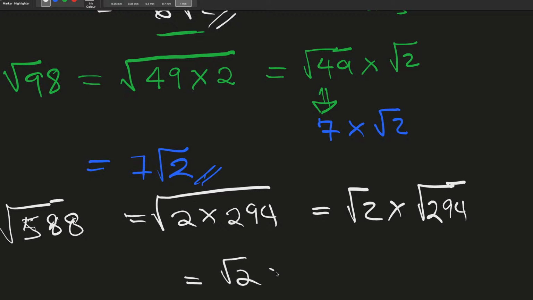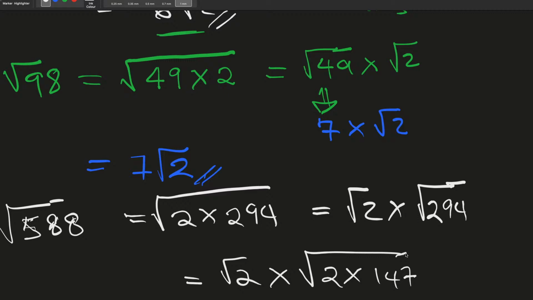And you see, this gives us 147. So root 2 times this, 2 times 147. Wow, beautiful. 147. Let's go back and see. So times 2.